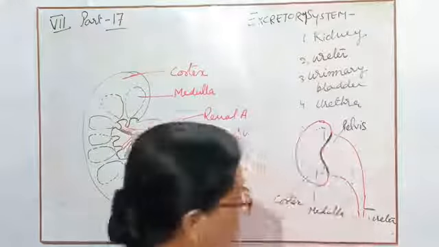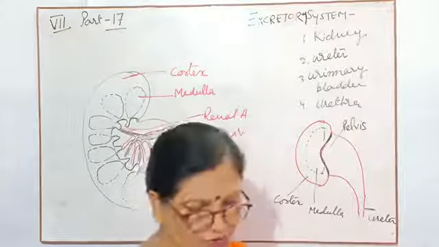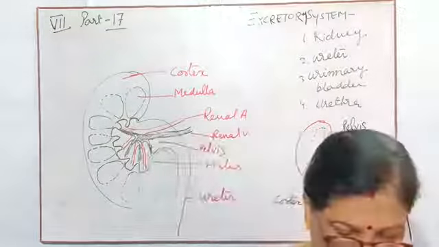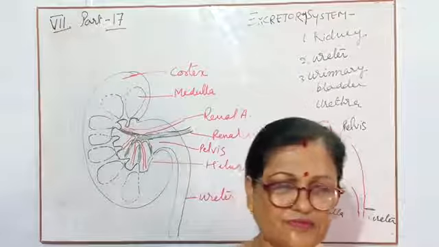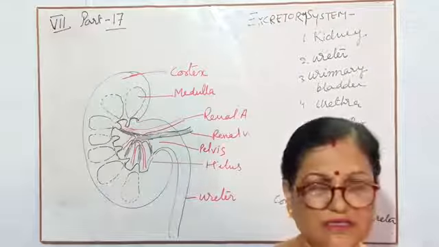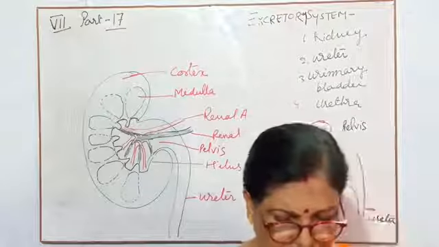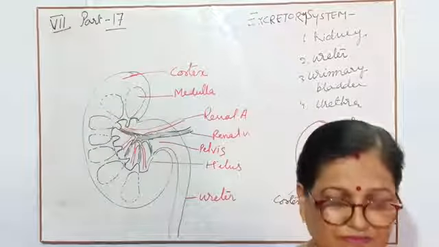Next is the ureter. The ureter is a tube-like part, and it only has to carry the urine from the kidney up to the urinary bladder. Not more than this, you know about its function.